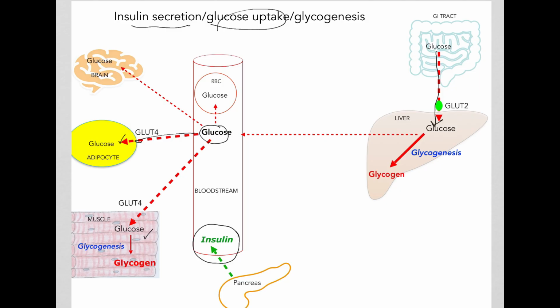So there's a lot of glucose uptake. And a lot of this glucose is also converted into glycogen by this process called glycogen synthesis or glycogenesis. So these are some of the key events that happen that we talked about in videos on metabolism.